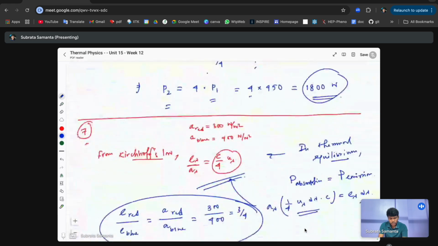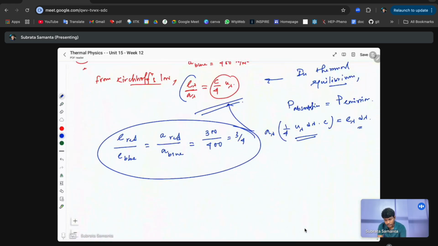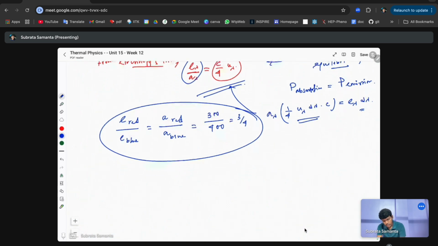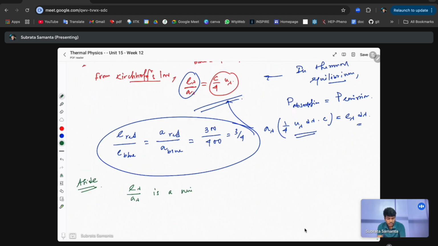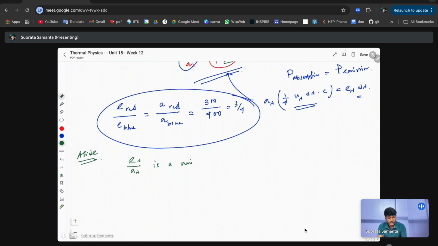So if you go into more detail, basically your E lambda over A lambda is a universal function of lambda and T, because U lambda is a function of lambda and T, wavelength and temperature, right?